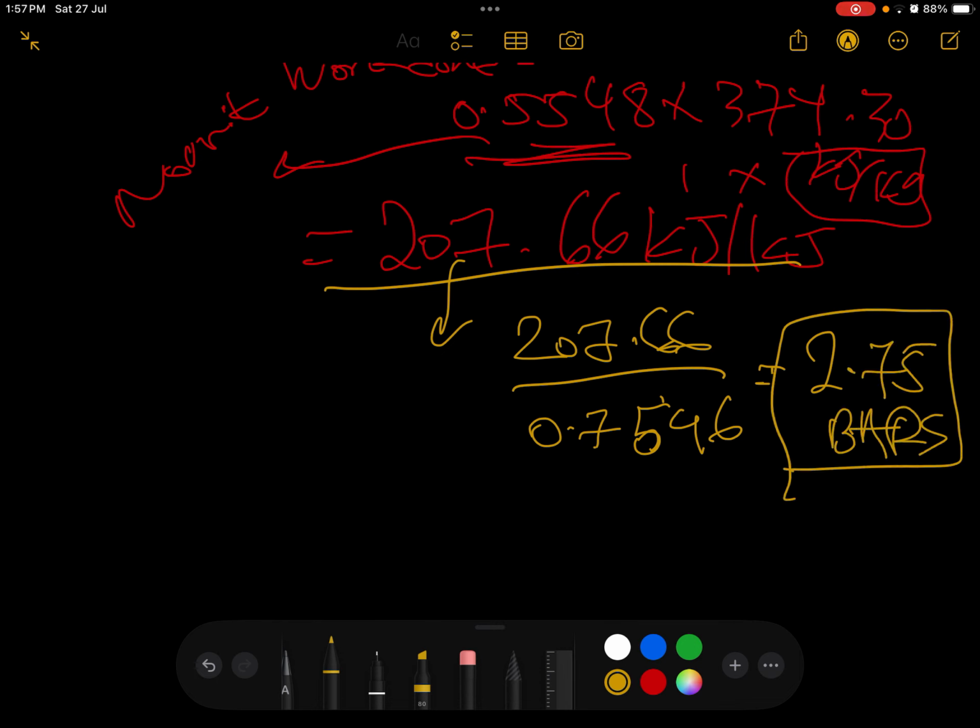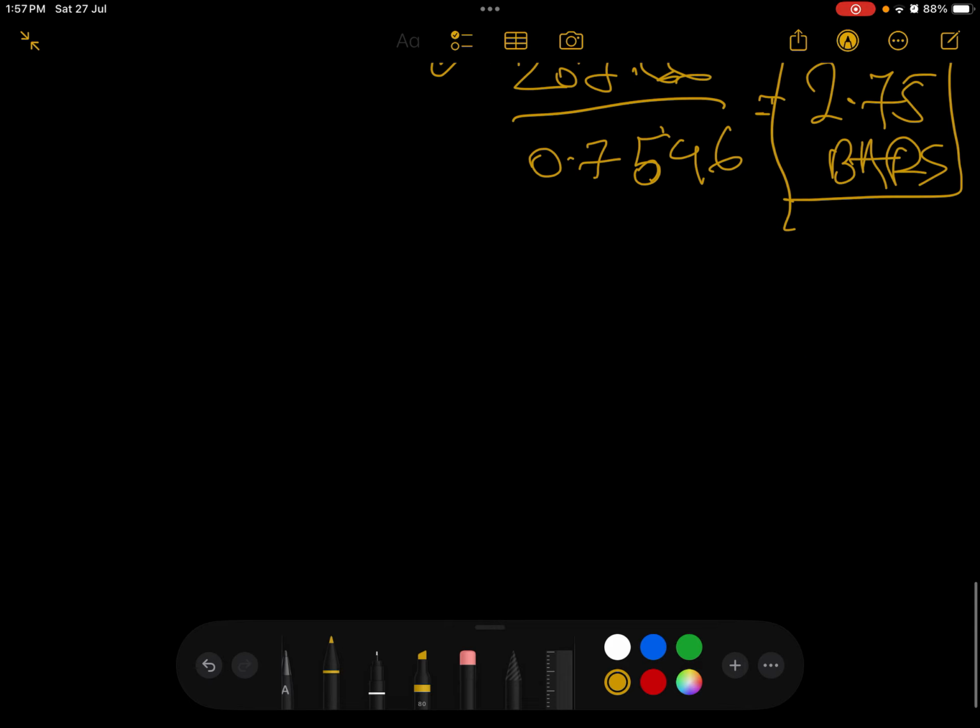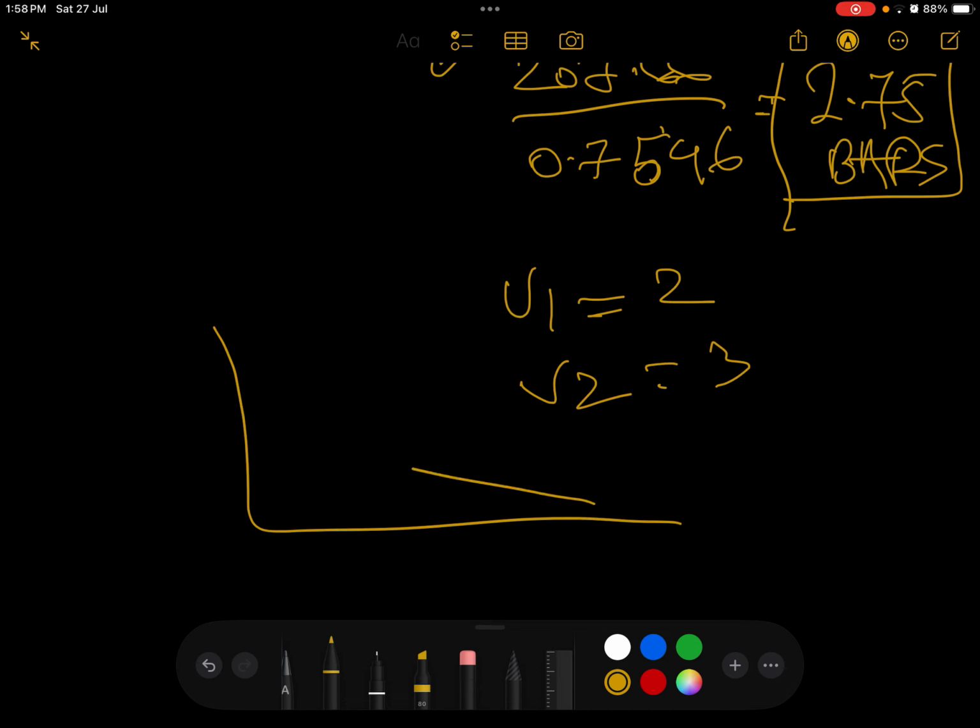The stroke volume, a lot of people don't really get it. What's the stroke volume? I might show you guys how we get the stroke volume, but it's going to take a lot of time, and I do explain it in the previous video, the part one video, so please check it out. But the stroke volume is, let's consider that V1 equals 2 and V2 equals 3. So this is the PV diagram, right?